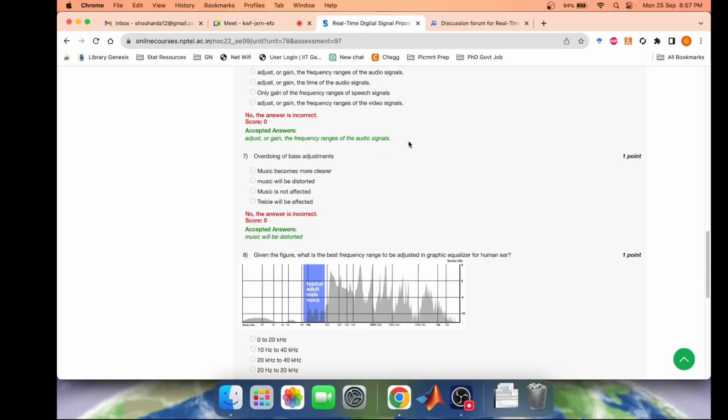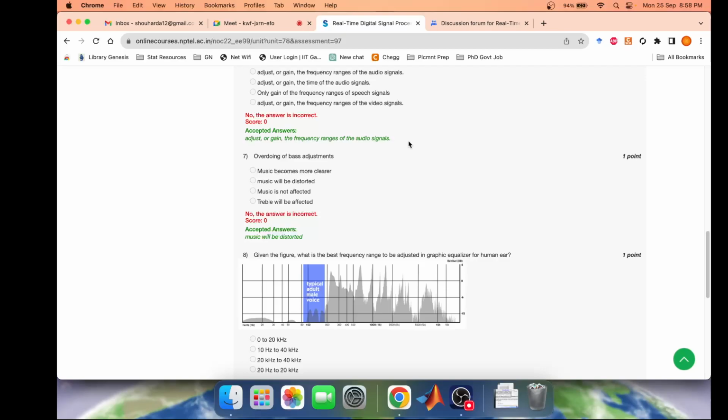overdoing of bass adjustments. Now what does it do? Option first, music becomes more clear. Option 2, music will be distorted. 3, music is not affected.